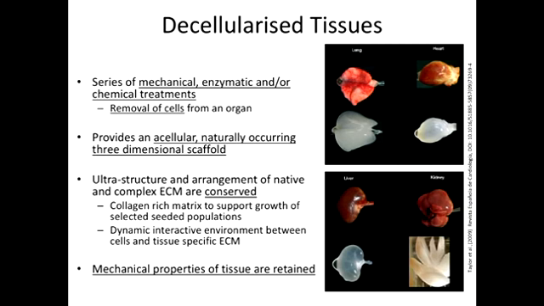And so one of the areas of interest has been to take a tissue or an organ and expose that organ to a range of processes to remove the cells. So to remove all the epithelial cells, all the mesenchymal cells, through a process of temperature, treating with detergents, use of nucleases. There are a few different techniques. And what it basically does is strip all of the cellular content out of that organ.